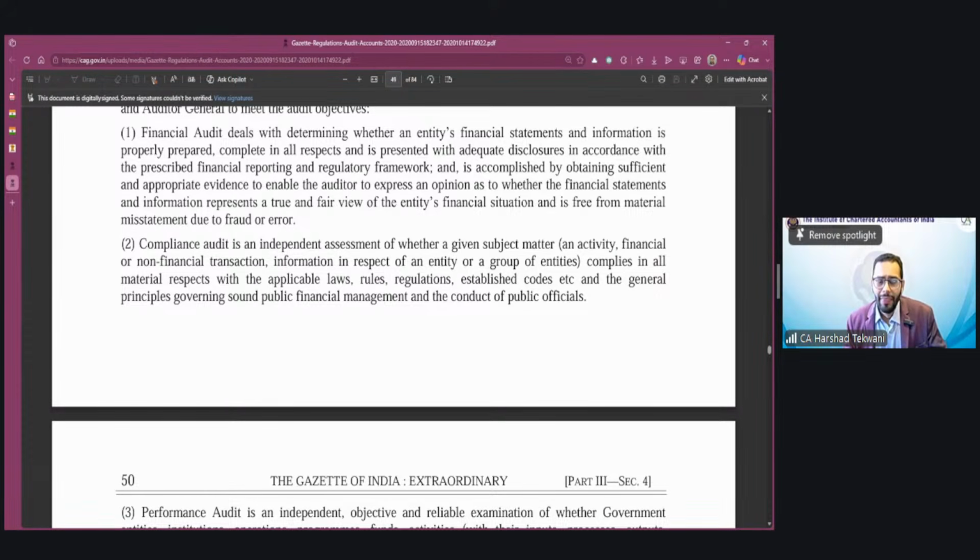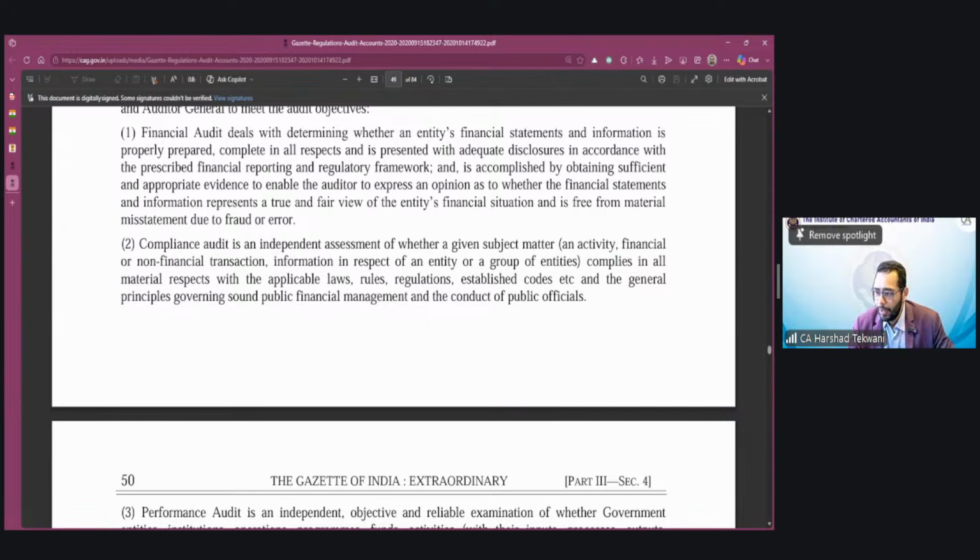And then we are talking about sound financial practices, or the practices which are required to be followed by public officials. Good practice we are talking about. So we are talking about some ethical conduct over here. So ethics is also something we are talking about. These are a few things that we can as of now understand from the compliance audit.